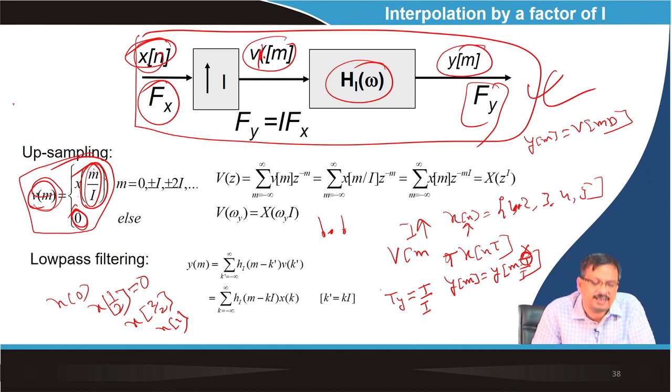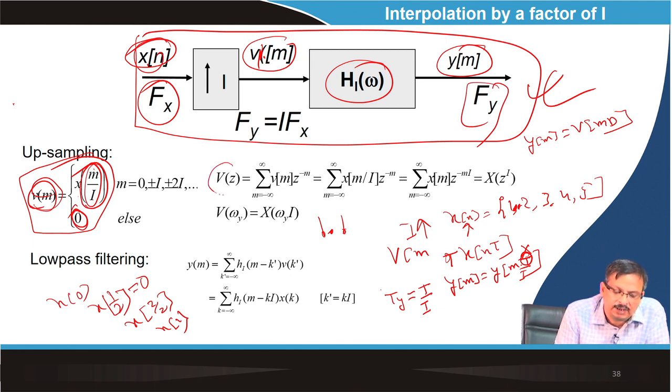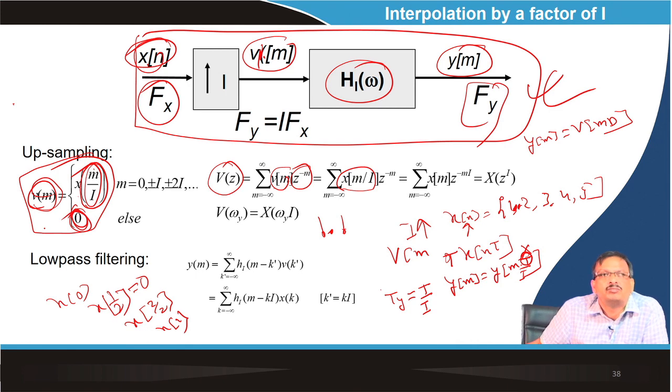Now let us say, what is V of z? V of z is nothing but the sum of v of m into z to the power minus m. So what is v of m? x of m by I, elsewhere it is 0. z to the power minus m into 0 is nothing but 0. So x of m by I into z to the power minus m.